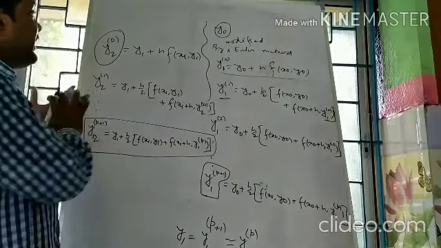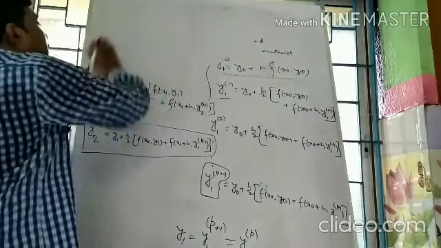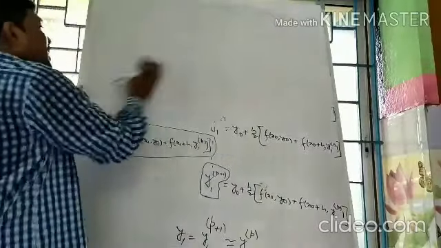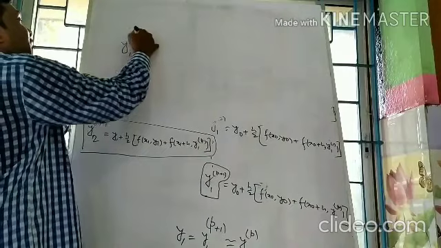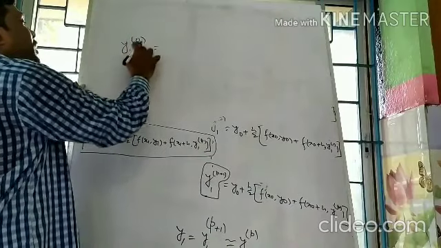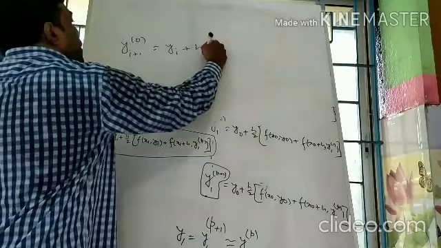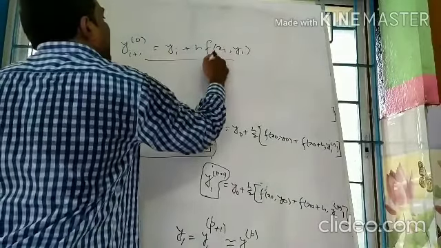So for the general case of modified Euler, for finding the value of y(i+1), first find the initial approximation of y(i+1), that is y(i+1)^(0) equals yi plus h f of xi, yi. This is by Euler method.